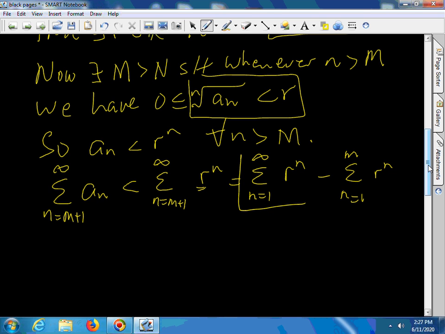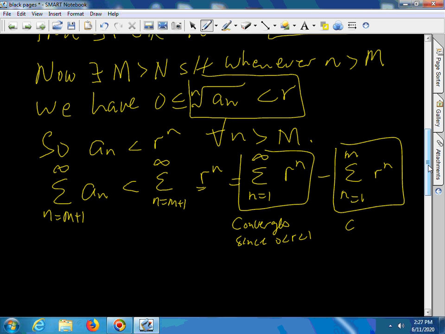Now, this converges since r, which is positive, is less than 1. And this converges because it's a finite sum. It converges.